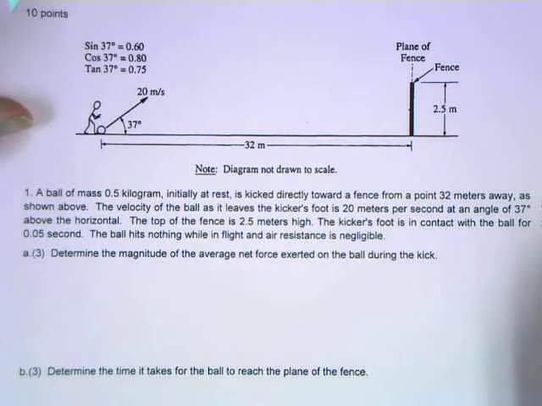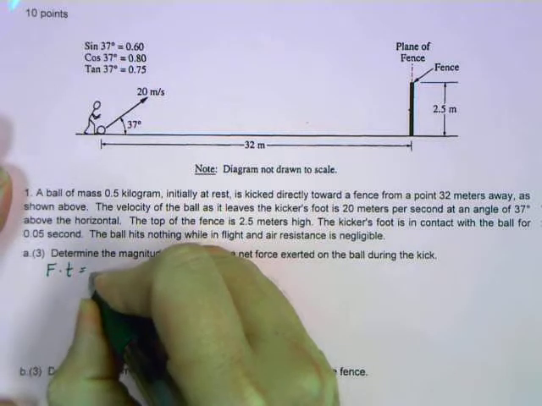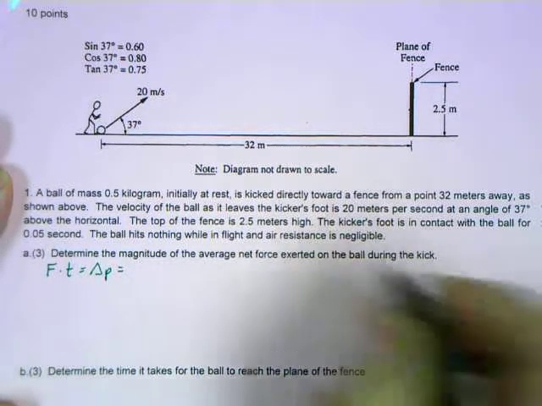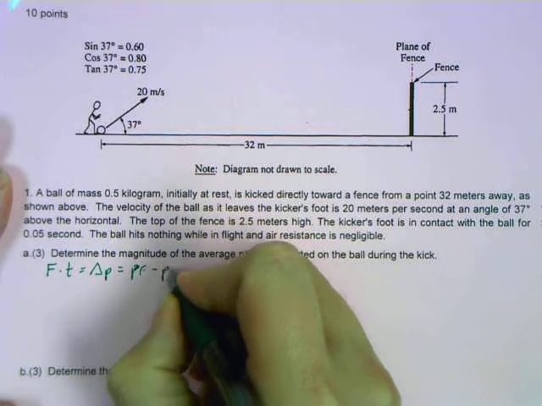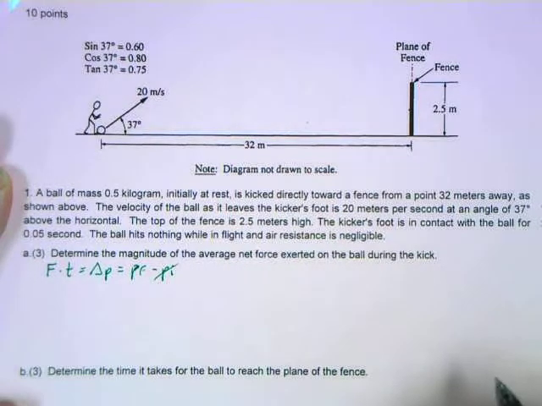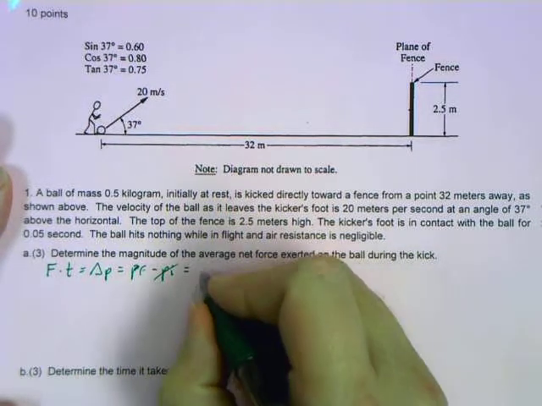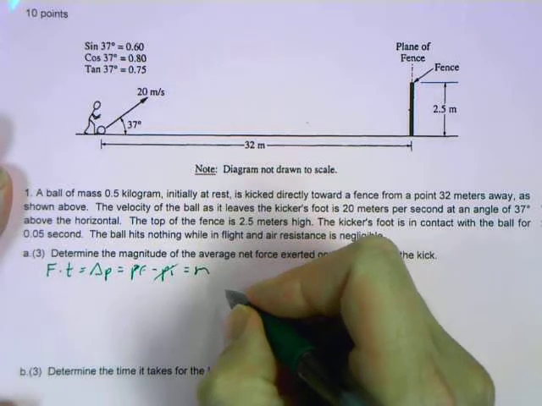Instead, we want to look at this thing from the point of view of impulse and momentum. Okay, so we've got impulse is equal to a change in momentum. The change in momentum is the final momentum minus the initial momentum. The initial momentum is nothing. So our final momentum is the mass times the velocity at which it's kicked.